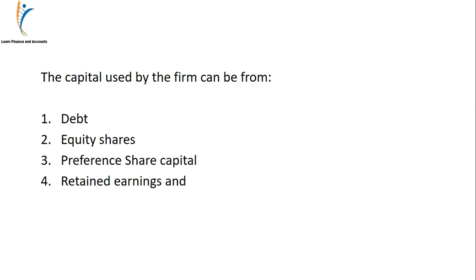The third source of raising finance or capital is preference share capital. When a company is new, it generally raises money through preference share capital. Now, what is the difference between equity share capital and preference share capital? See, in equity share capital, a return is given to the investors in the form of dividend. We all know that dividend is not fixed. It depends upon the profit of the company.